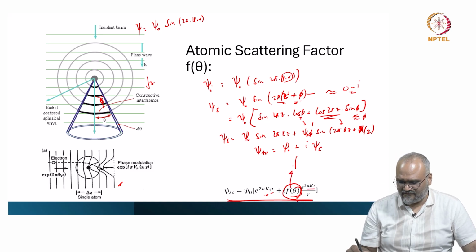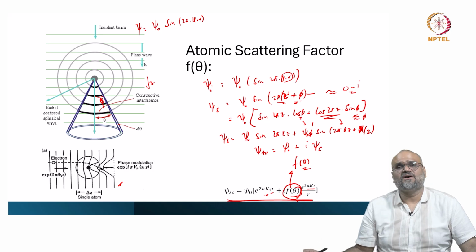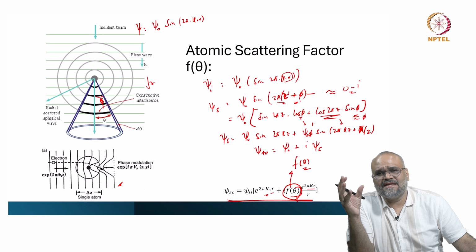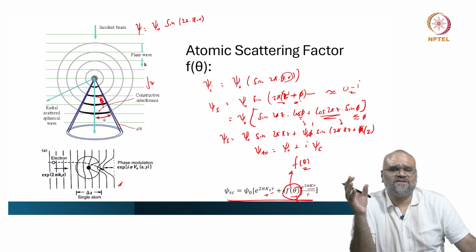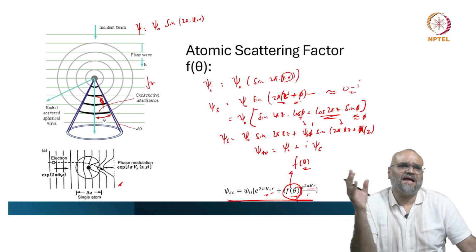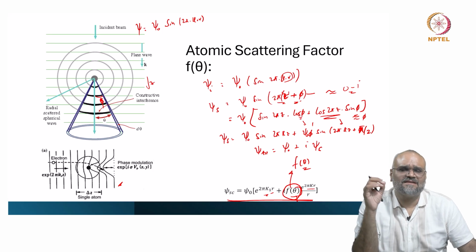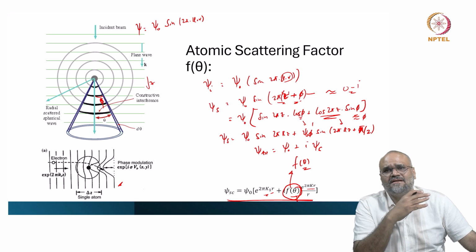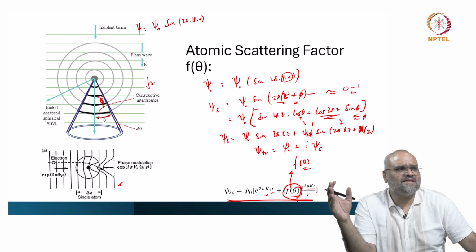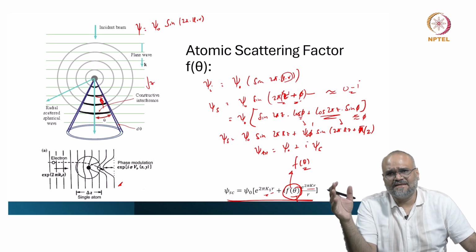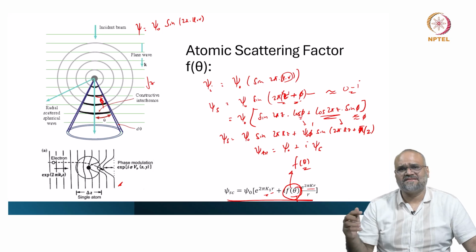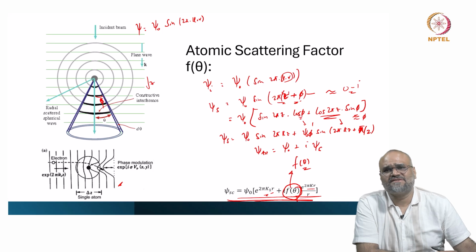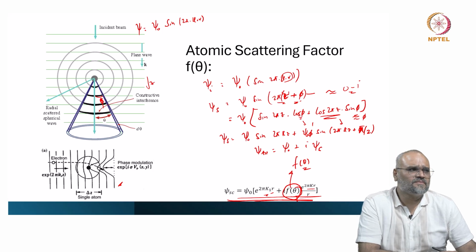This value of f theta is called the atomic scattering factor, or the change in the amplitude caused to the forward scattered electron beam as a consequence of interaction with an isolated atom. And if this is resulting in a deviation in the angle of scattering by theta or phi, it causes a phase shift, and you can always relate this amplitude change to the angle of scatter through this sort of an expression.